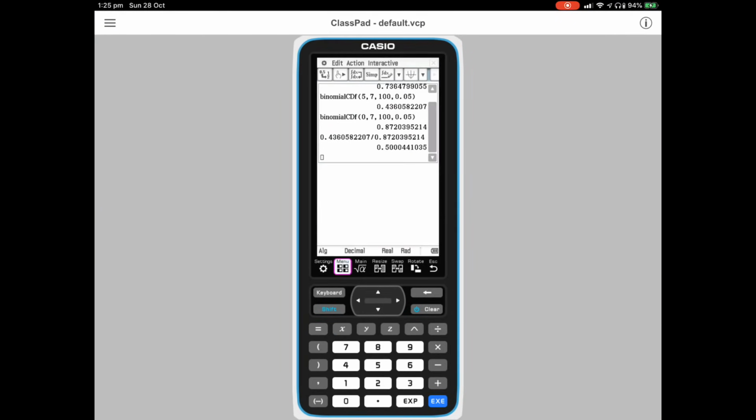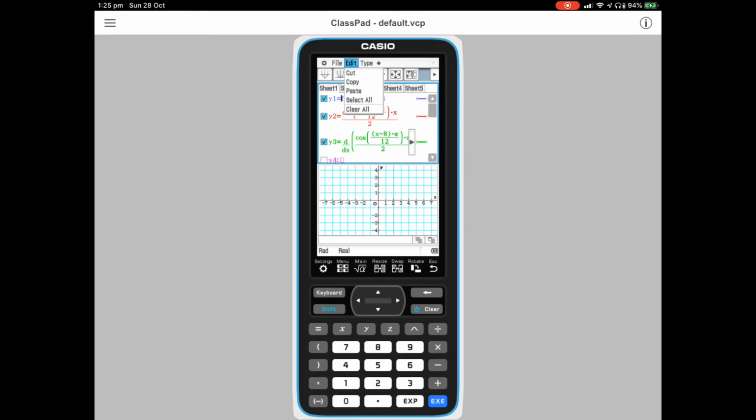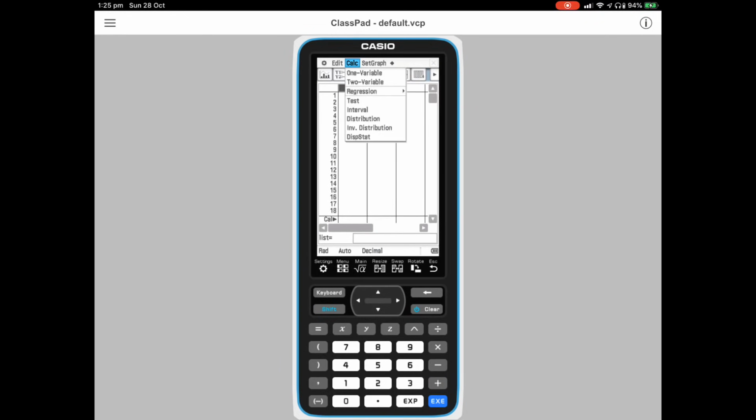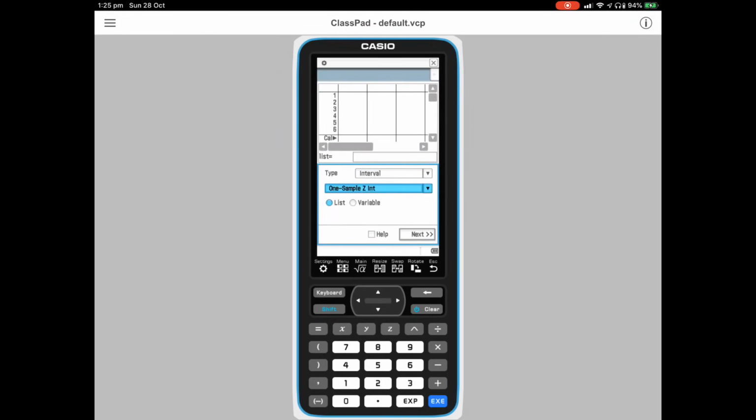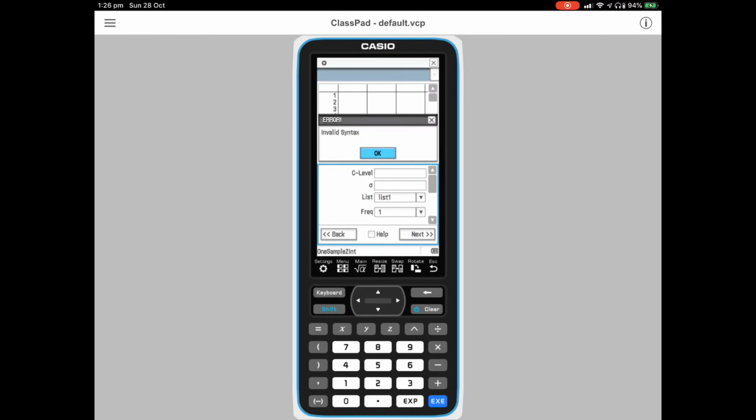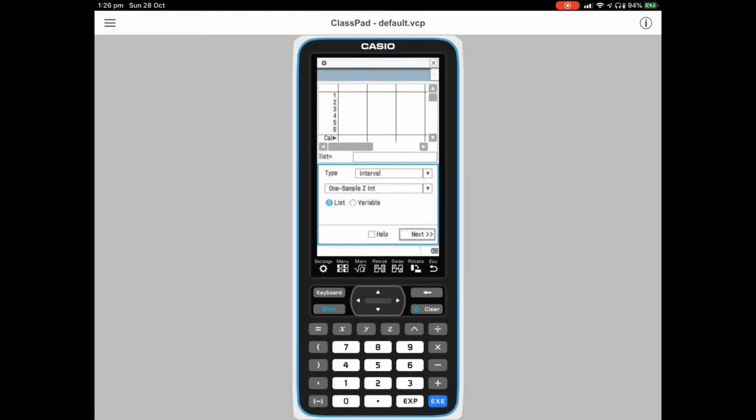What am I doing? Interval, 1 sample Z. Go back. Okay. Confidence level is 0.95.